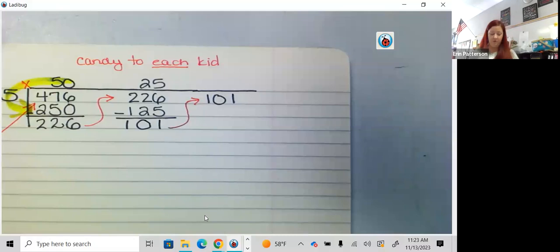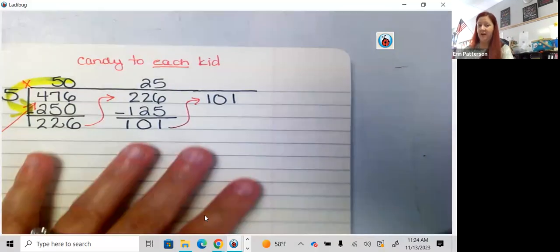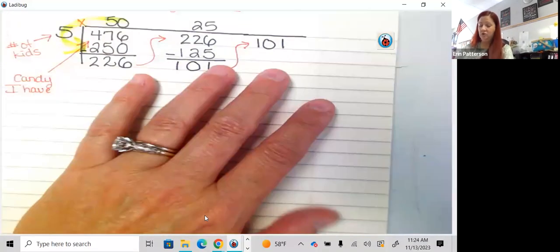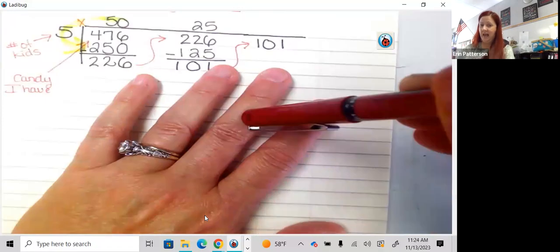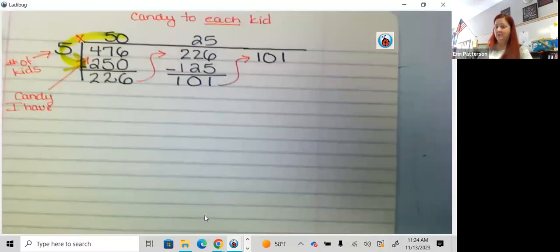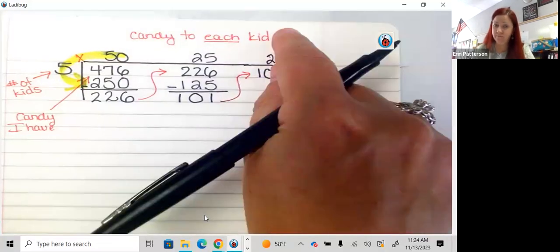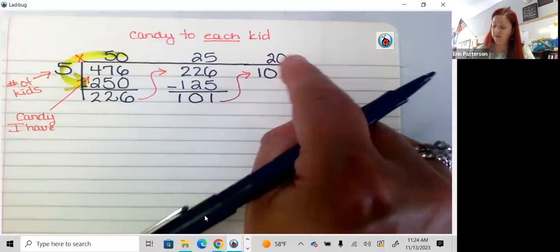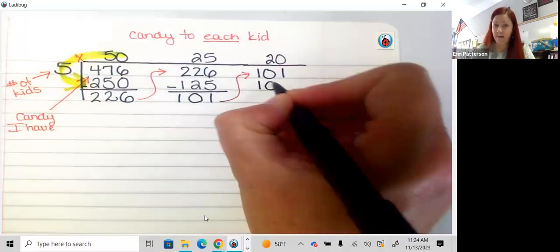What could we use? You want to try 20? Let's see if 20 works. So I got my 5 kids. 20, 40, 60, 80, 100. Could I do 20? So I'm going to do 20 up top to each kid. 20 times 5 was 100.